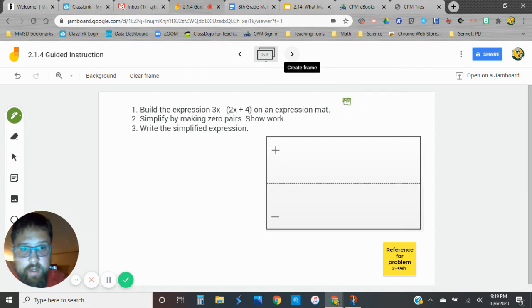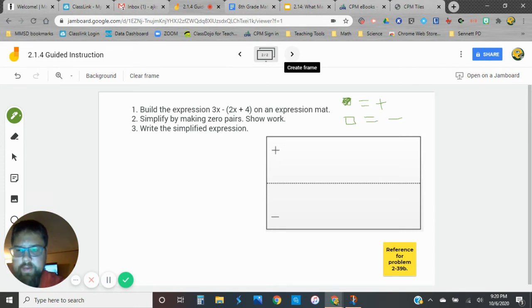So if we have shading, that equals positive, and not shaded, could be a unit tile, could be X, whatever, equals negative. All right, so all you got to do, step 1 for this type of problem, you're going to have to do this in 239B. So when you get to that, here's a good reference point.